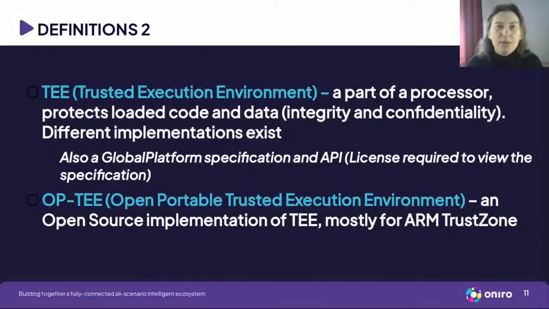More or less at the same time, in the past, came the Trusted Execution Environment, TEE. A TEE is a part of a processor. It protects loaded code and data, and the definition still covers the device itself, but it also covers a specification, the GlobalPlatform specification and API.